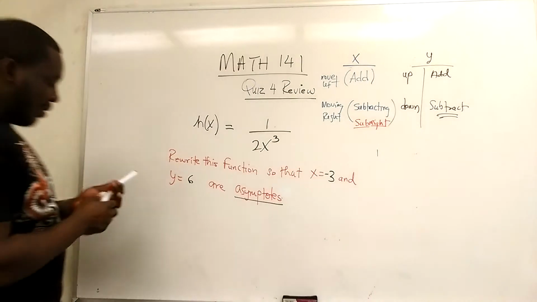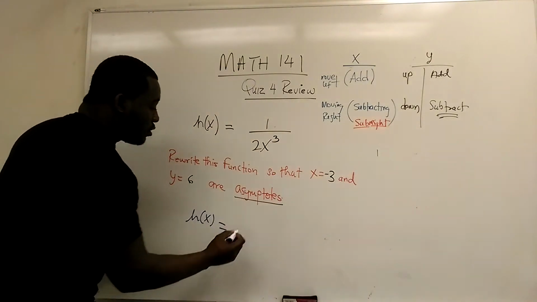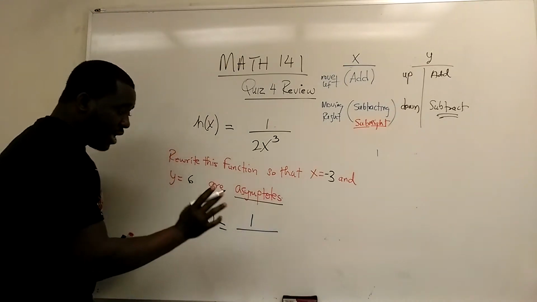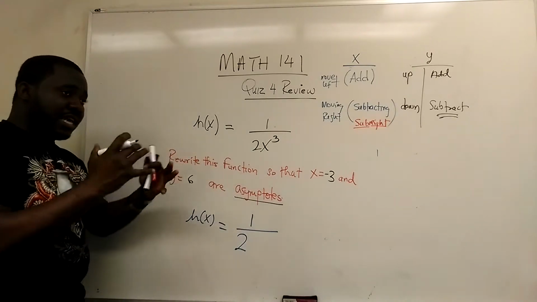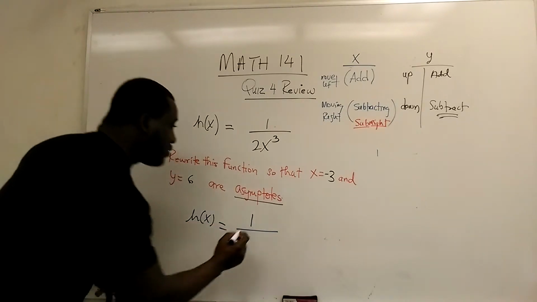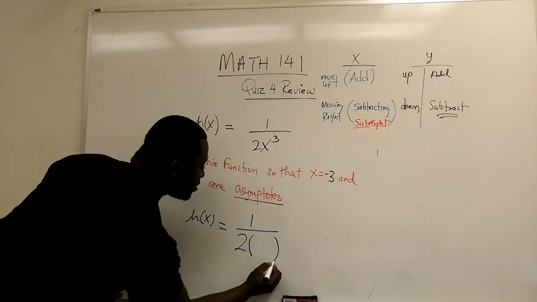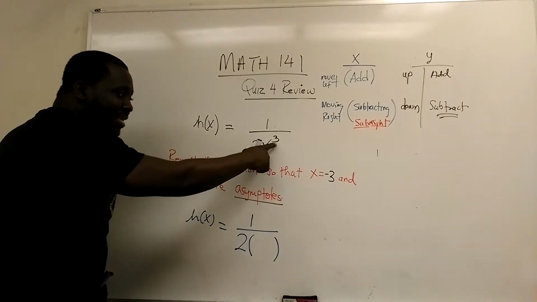Alright, let's do this. So I have h of x equals 1 over, not yet, 2. Remember, wherever you see x, open parentheses. So I see from 2, I see x, so open parentheses. And the x is what? Cube. The 2 is not cube, it's the x that's cube.